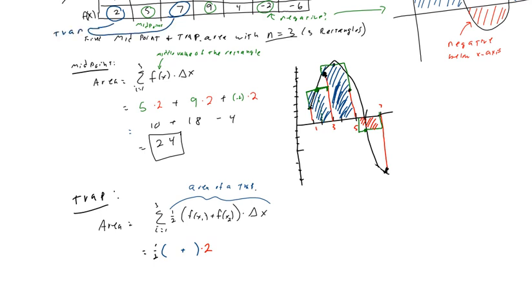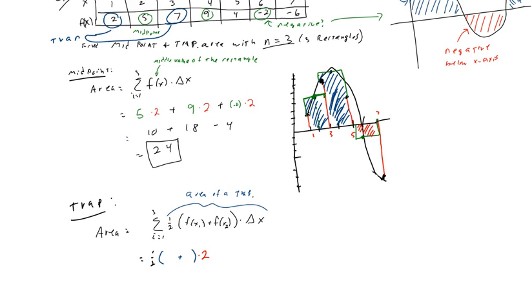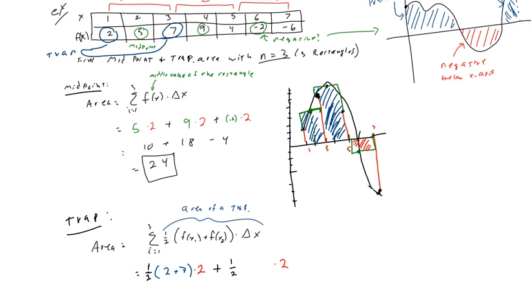The 2 and the 7. 2 plus 7, multiplied by 1/2. 1/2 of 2 plus 7 times the 2. Plus, same thing, my delta x is still 2. And I need 1/2. For my next trapezoid, it's going to be the 7 and the 4. 1/2 of the 2 edges, 7 plus 4.